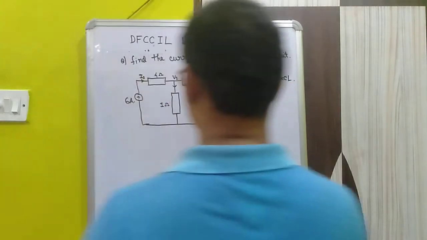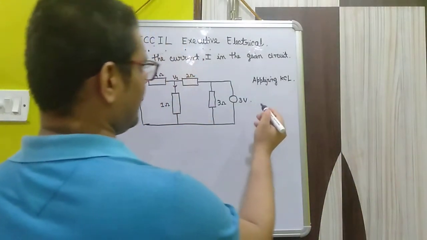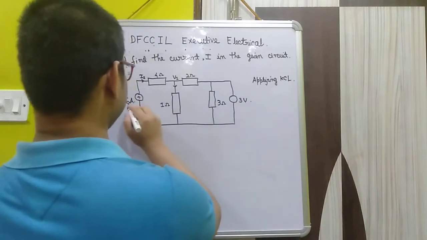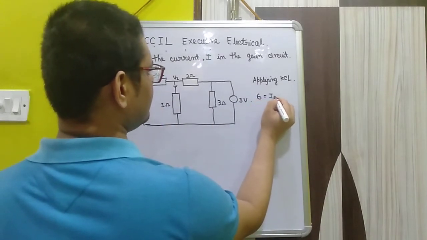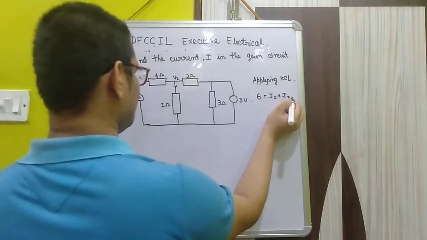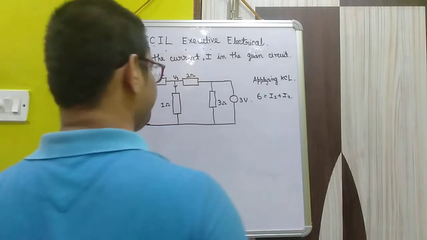So how to work on this? First of all, this is a current source, 6 is equal to I1 plus I2. So let's check where the current will be flowing.